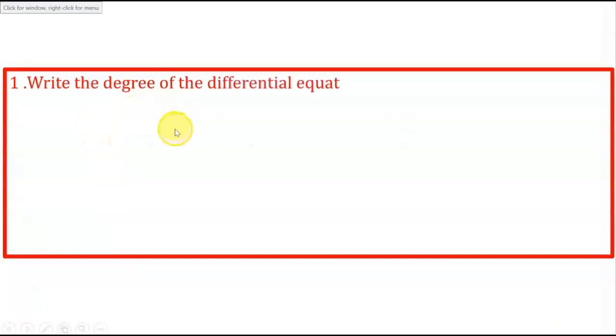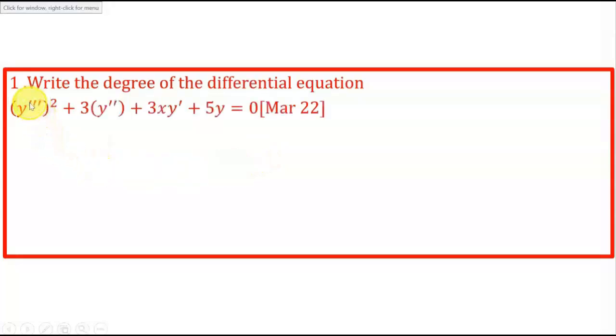Write the degree of the differential equation y triple dash, whole square, plus 3y double dash plus 3xy dash plus 5y is equal to 0. This question was asked in the March 22 examination.